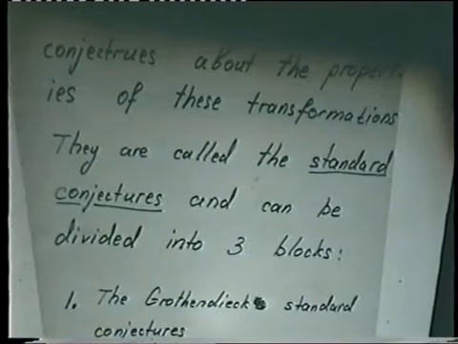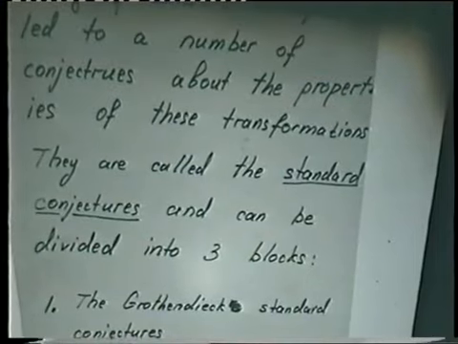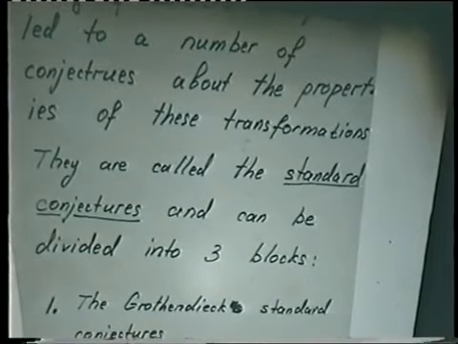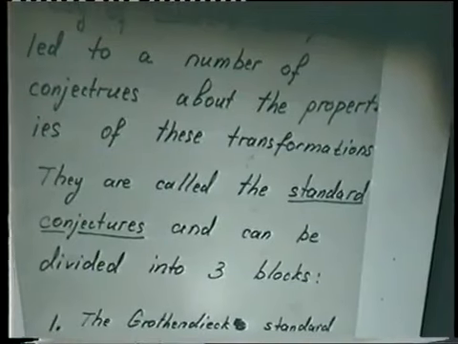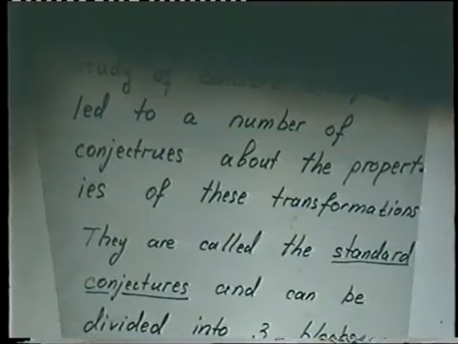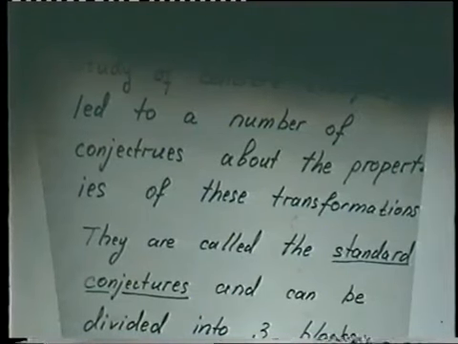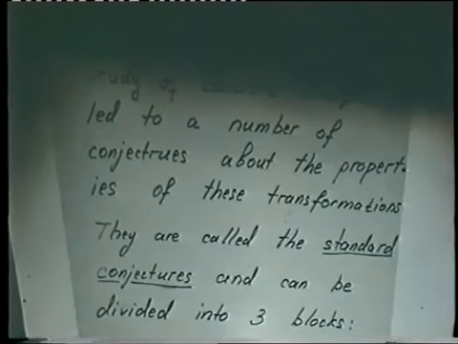And these 3 blocks of conjectures, of course, came out of just the computation of examples. They can all be organized. Yes, I will go into details in a moment. So let me maybe even put it here.